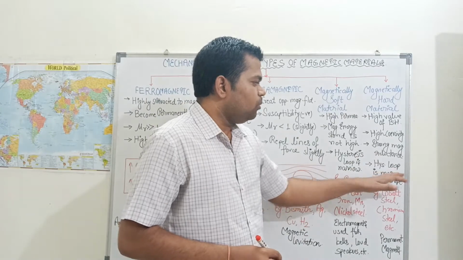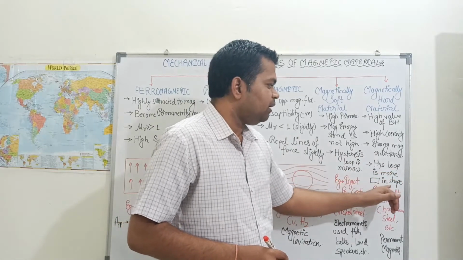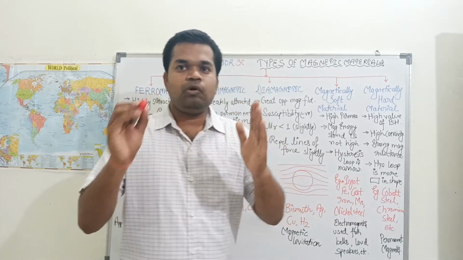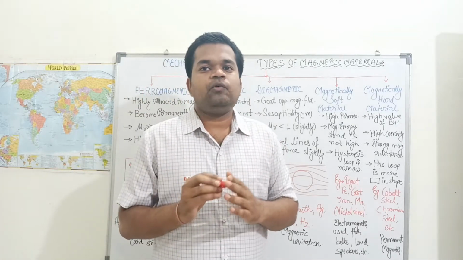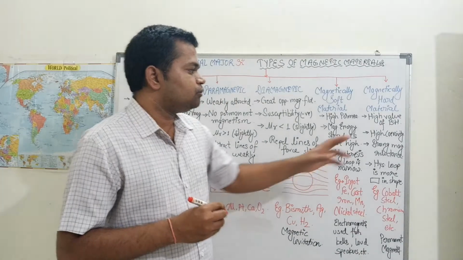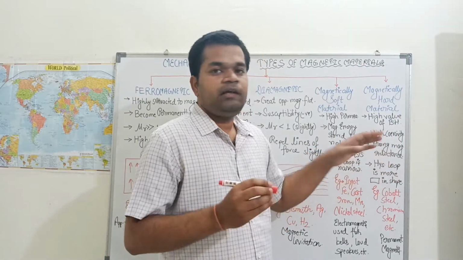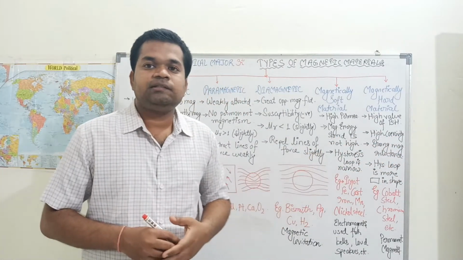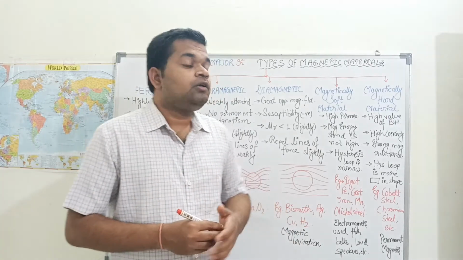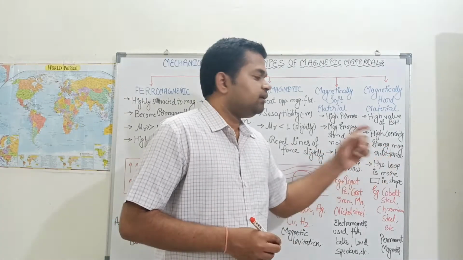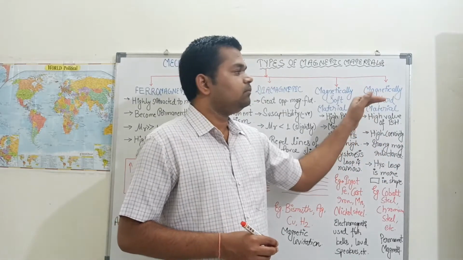The hysteresis loop is more rectangular in shape. So the hysteresis loop is not narrow, you can say. And strong magnetic reluctance. We had seen in the last class what reluctance is. It is just the same as resistance in your electric field. So strong magnetic reluctance will be there in hard materials.